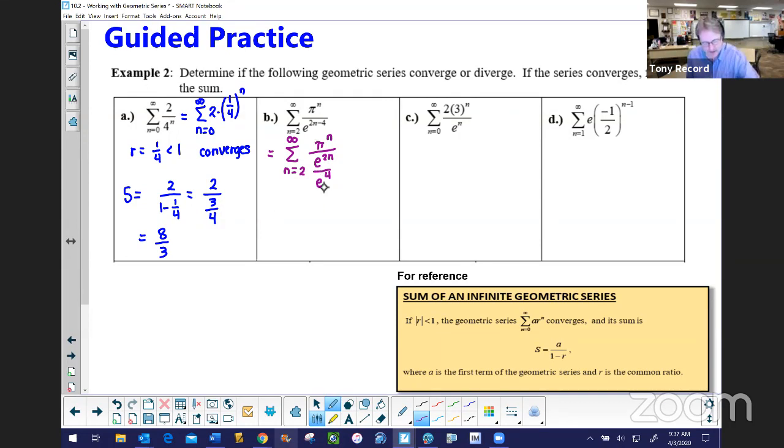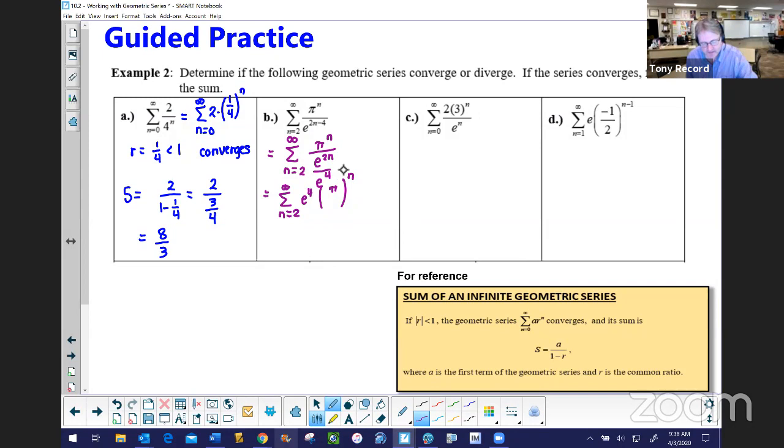Now, if I multiply by the reciprocal here, what is going to happen is that I'm going to see an e to the 4th appear, say, maybe out in front of my expression. And then I have a pi to the n over e to the 2n, and this is where we got to be very careful. My goal would be to write this expression with a single power of n.